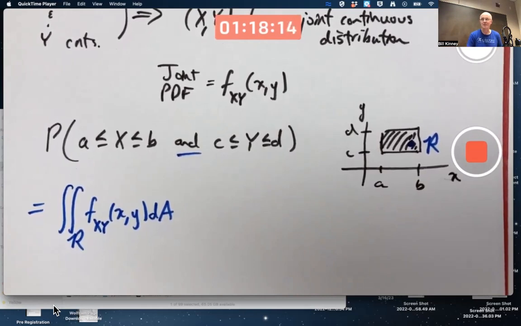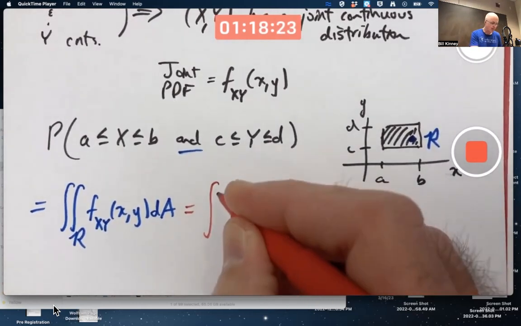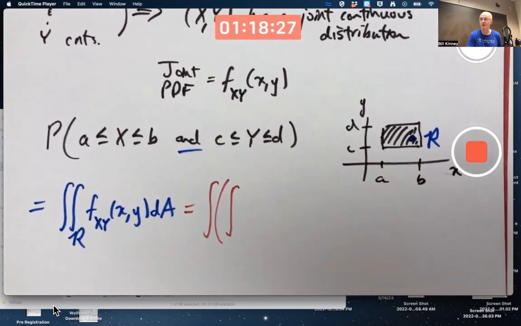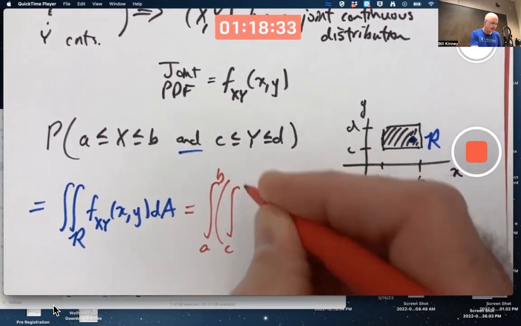To do this integral, you do it as a sequence of two integrals, an inner integral and an outer integral. Parentheses, like I'm putting here, are not necessary, and people don't usually put them, but conceptually, it's helpful to do something like this.